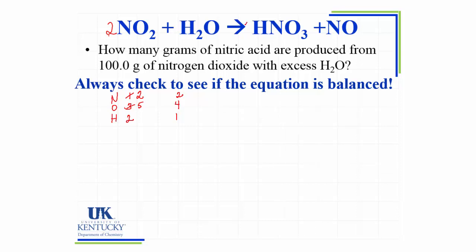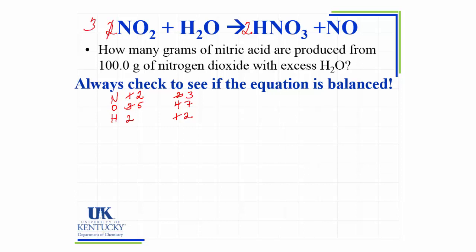If I put a 2 in front of HNO3 to balance my hydrogens, I get the 2 hydrogens on the right side. I also see that it changes my nitrogens to 3, and it changes my oxygens to 7. So I have 2 hydrogens on the right, 2 nitrogens plus 1 nitrogen for 3 nitrogens, 6 plus 1, 7 oxygens. So now I see that again my nitrogens are out of balance.